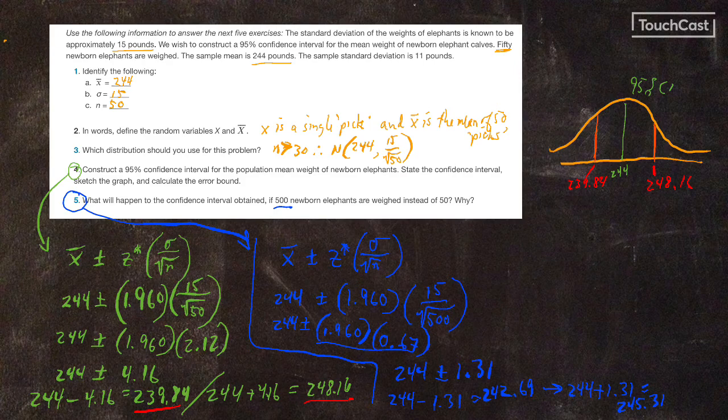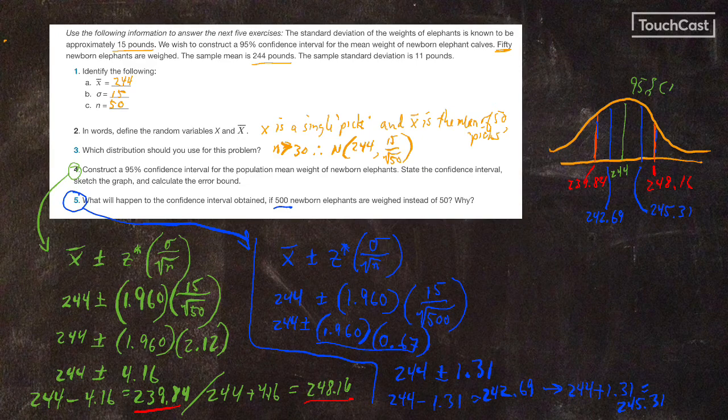So our range has now gotten smaller, 242.69 to 245.31, with the same degree of confidence. So instead of this big area out here, now we've narrowed it down.